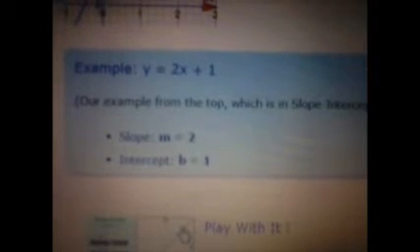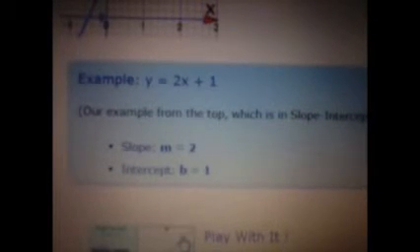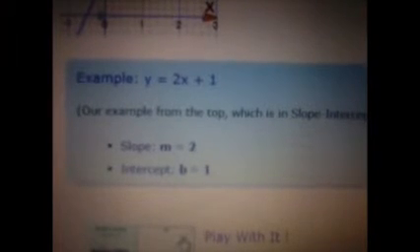By the given example, y is equal to 2x plus 1, we can determine immediately the slope and the intercept of the given equation. The slope is equal to 2 and the intercept is equal to 1.